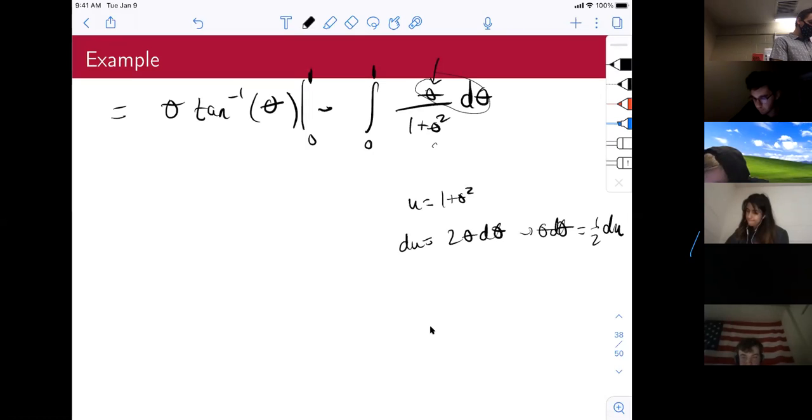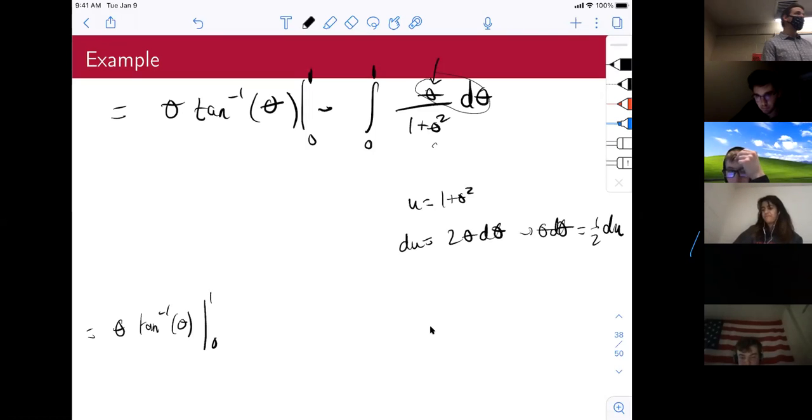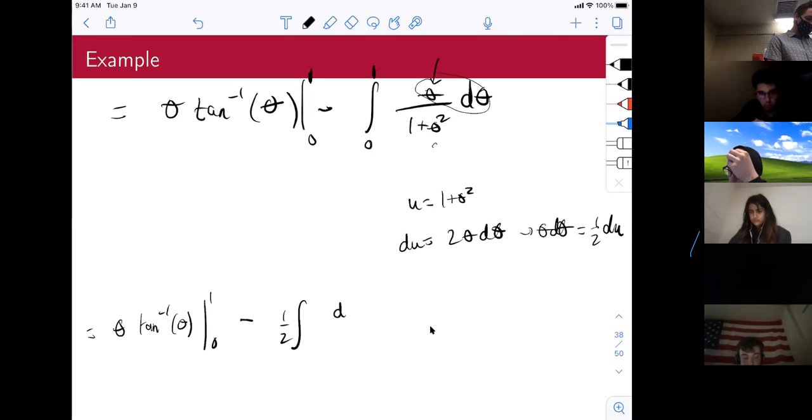So then, we'll find out what theta arctangent of theta, evaluated at 1 and 0, is in a second, minus the integral of theta d theta, that was 1/2 du, and then over u, right?